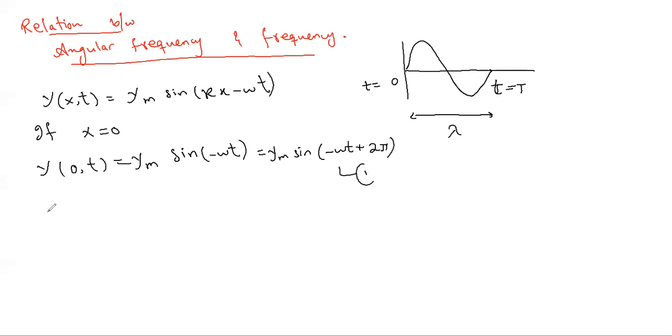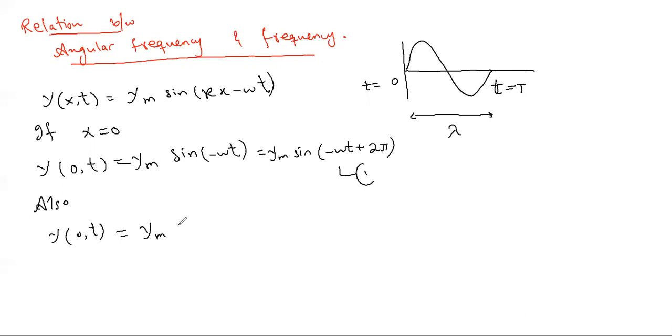Let me call this equation number 1. Similarly, I can also say that after completing one vibration, the time will equal the time period capital T, and the wave will reach back to its initial position, the same position from where it started, since sine is a periodic function.